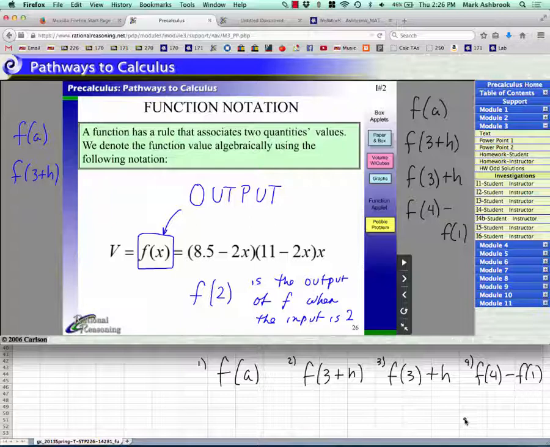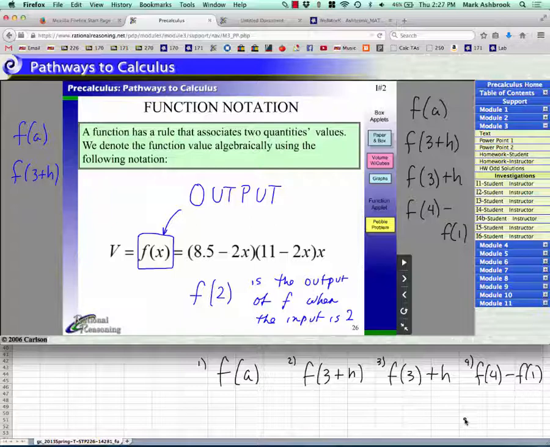I was just gonna say the side length of the cutout, not the side length. Right, so tell me the whole thing. What does the whole thing mean? It's the change in volume when the side length of the cutout changes from 1 to 4. If you were to increase the side of the cutout, start with 1 and increase it to 4, that would calculate the change in volume.